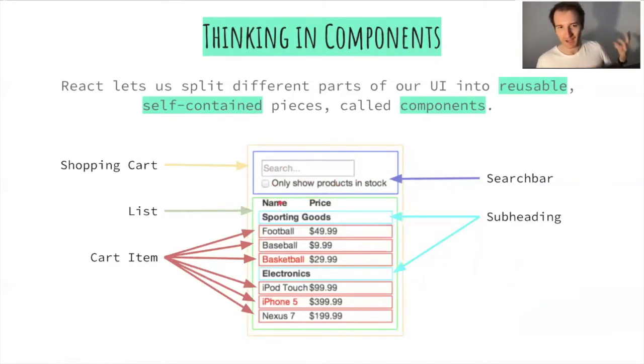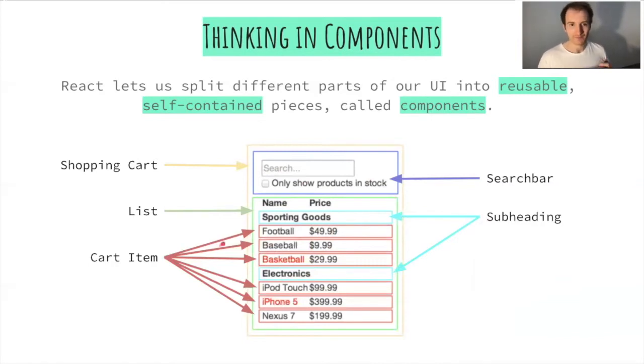And then maybe we have this list component, which sort of sits beneath the search bar. Maybe the list component contains subheadings. So we have this component of a subheading that we can then reuse between different chunks. So we have this chunk here, we can use a subheading here, and then we can also use one down here.